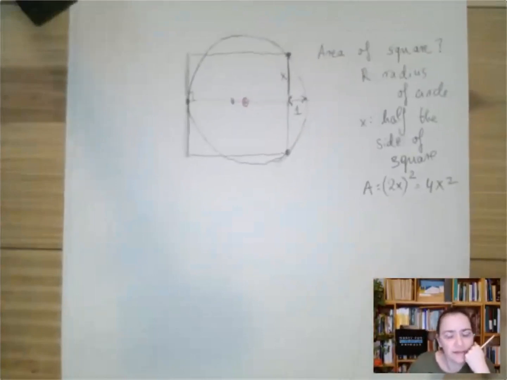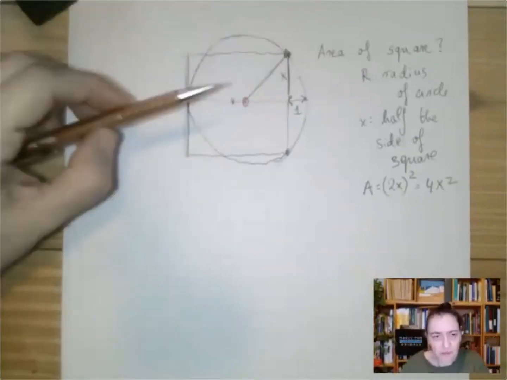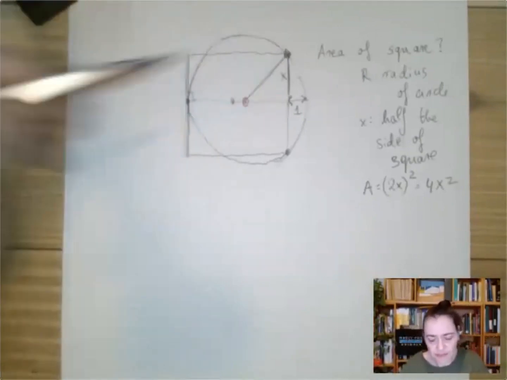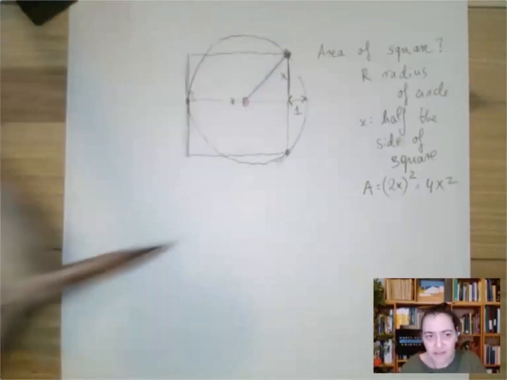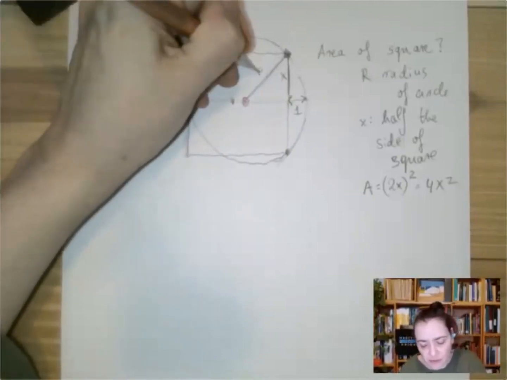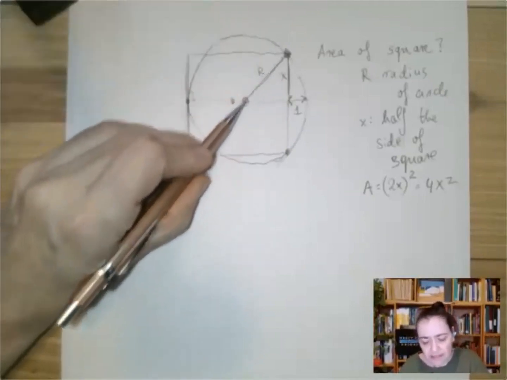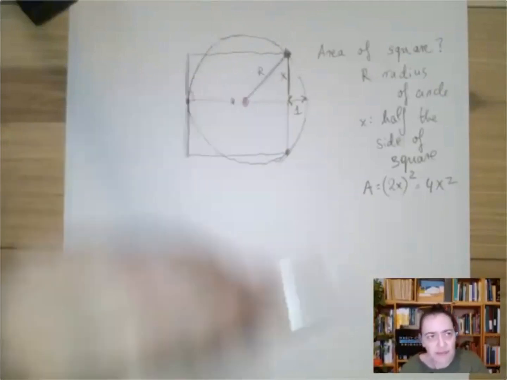Okay. And if we are going to run with these two unknowns, we should have two equations. Let's see. So I see a right triangle here. This is how we're going to be able to use that this vertex of the square is on the circle. What's the circle? The set of all points equidistant to the center. So if you connect this point with the center of the circle, that should be the radius.